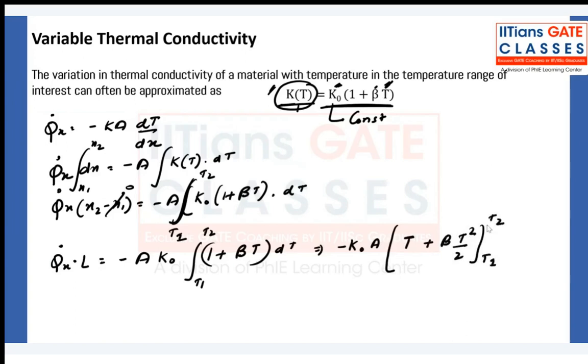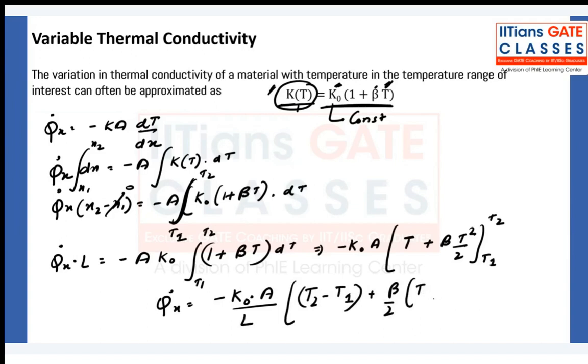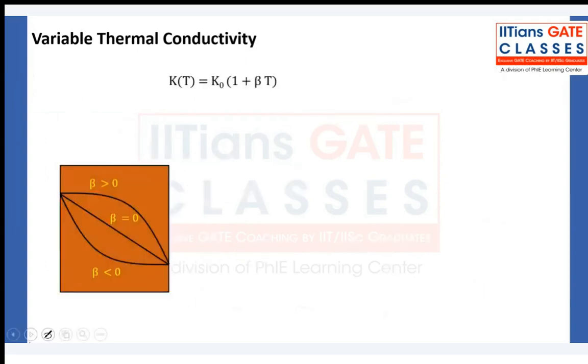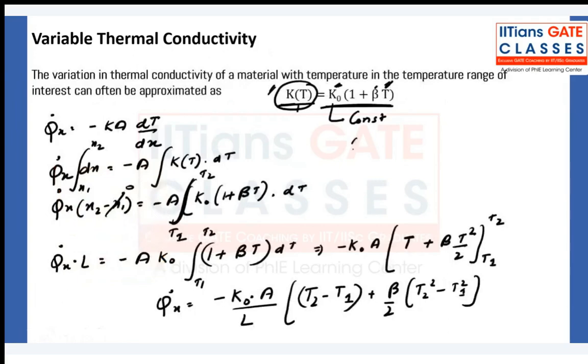So Q dot x is minus K naught A by L, and now I apply the boundary limits T1 and T2. Because the minus is outside, I can take Q dot x equal to K naught A by L times T1 minus T2 plus beta by 2 times T1 square minus T2 square.